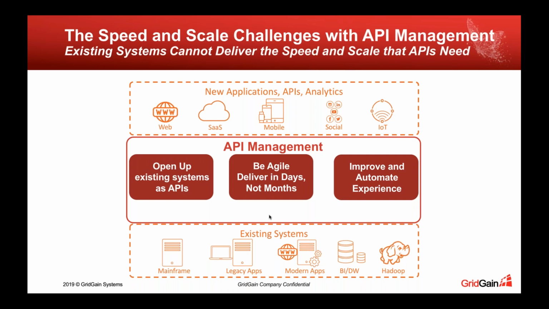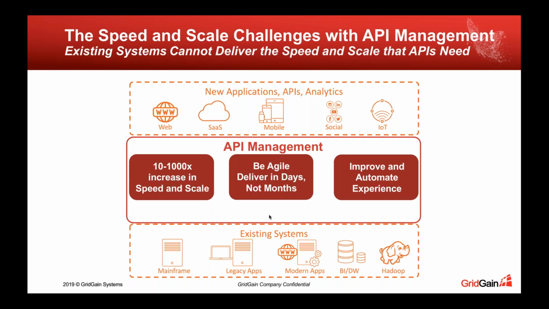Now, there's a problem in most companies with becoming API first, and it's really that most companies end up being existing systems first. The reasons are, first, an API or opening up your business typically adds 10 to up to 1,000 times scale. It puts a much bigger load on your existing systems.